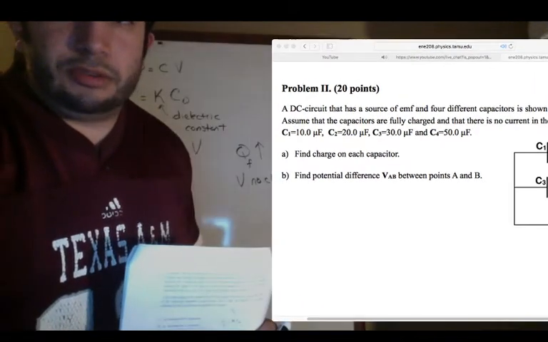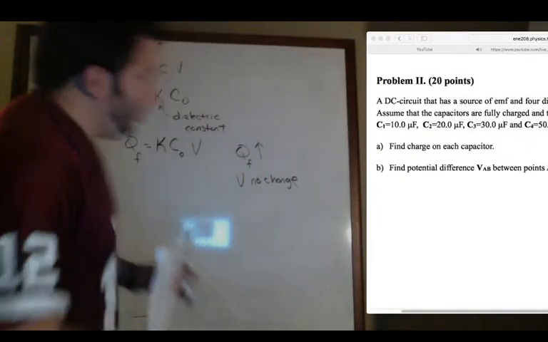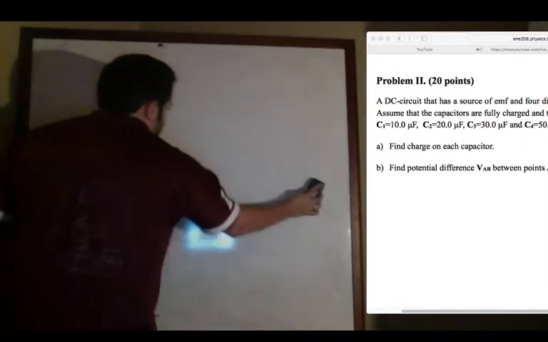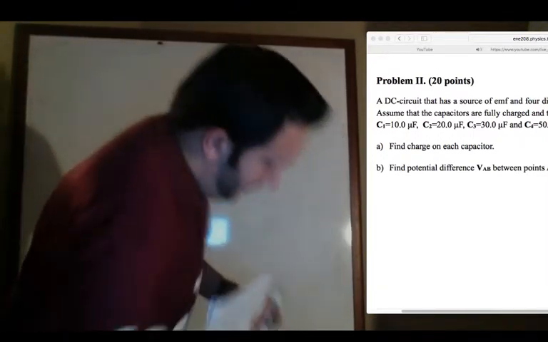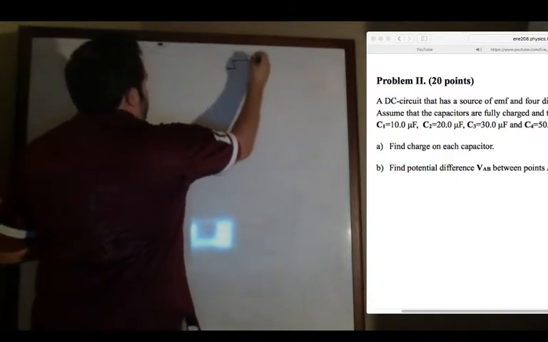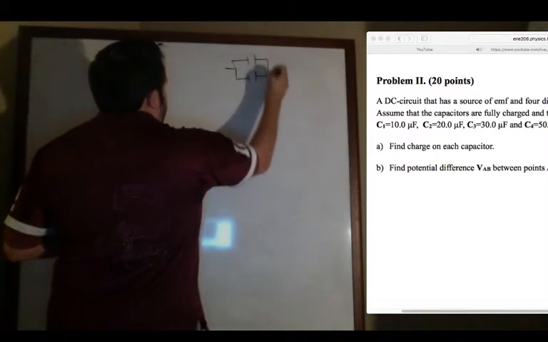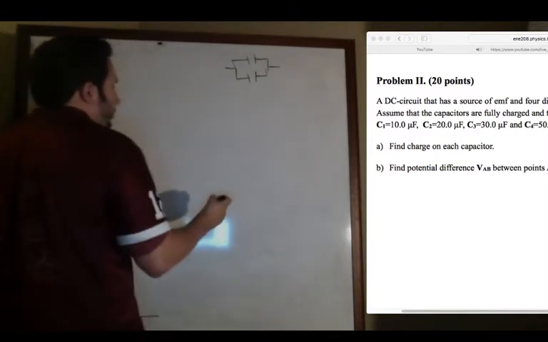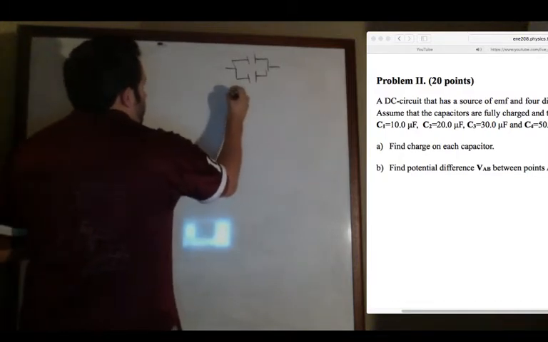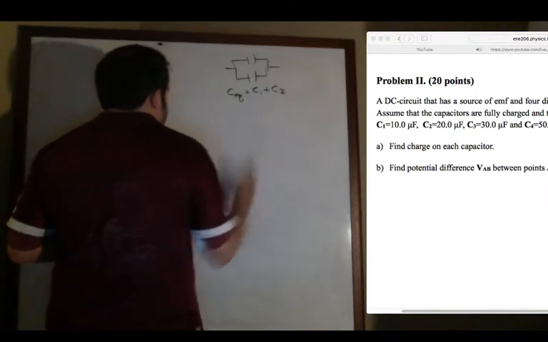Okay, so what we need to do is remember the rules to the game that I talked about. And once we remember those rules, then we just apply them. And what those rules were is that if you have capacitors in parallel, the way that we're going to find the equivalent capacitance is my CEQ is going to be C1 plus C2.